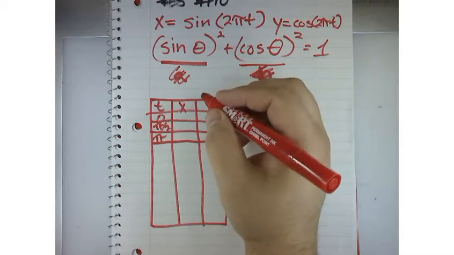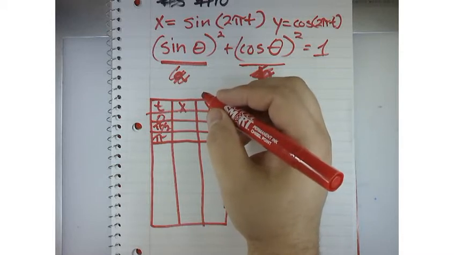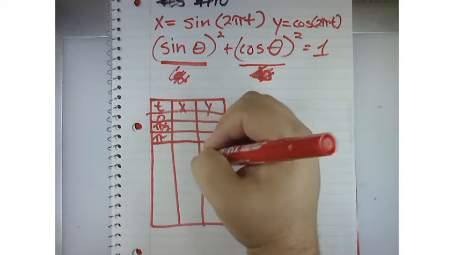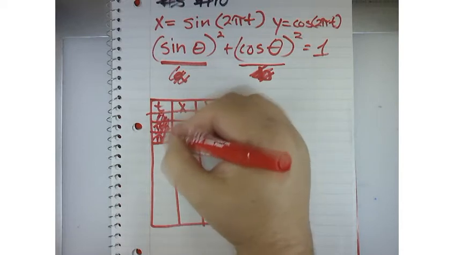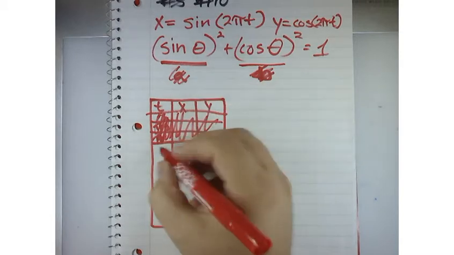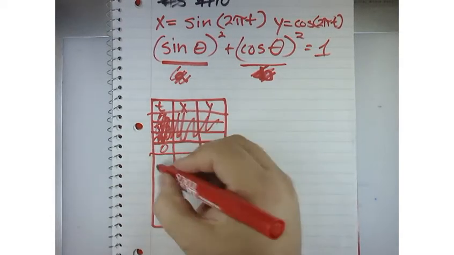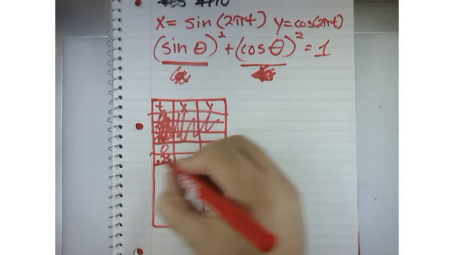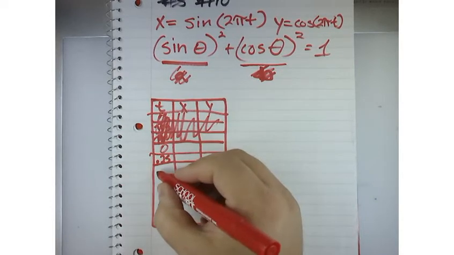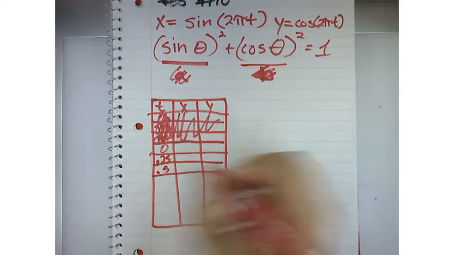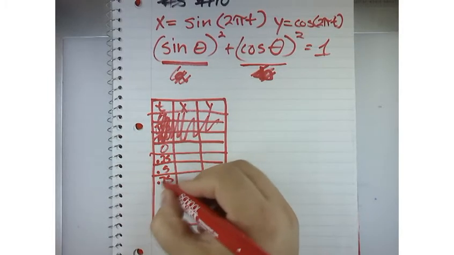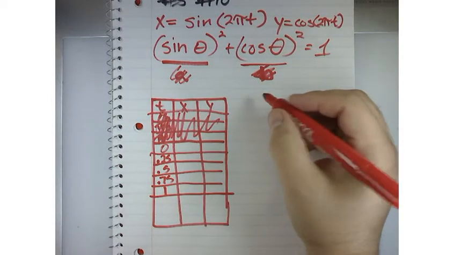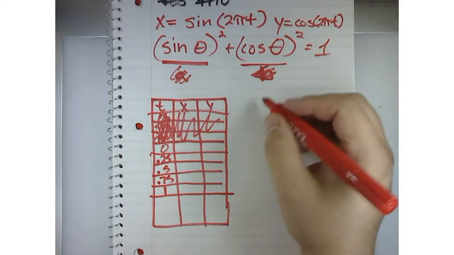So you can't do either of those, so we've got to change that a little bit. We're going to do 0, and we'll do 0.25, 0.5, 0.75, and then 1.